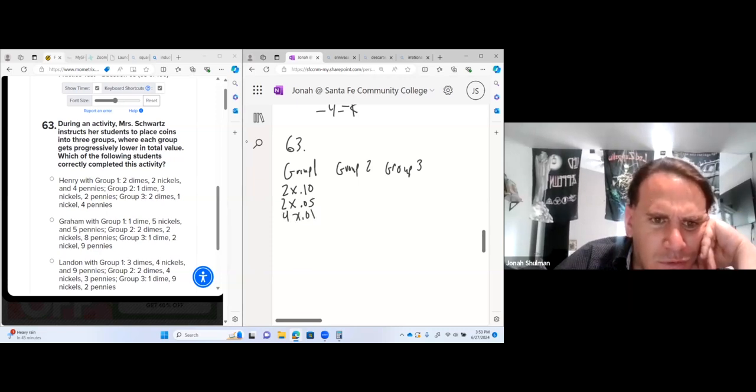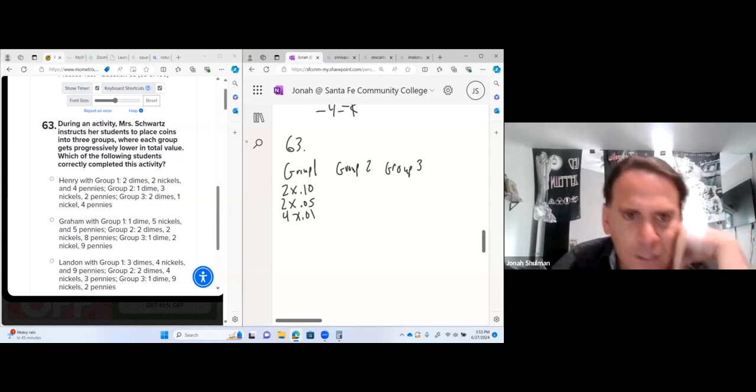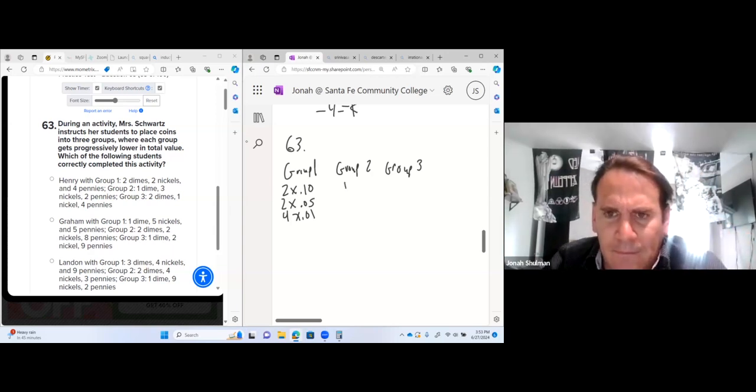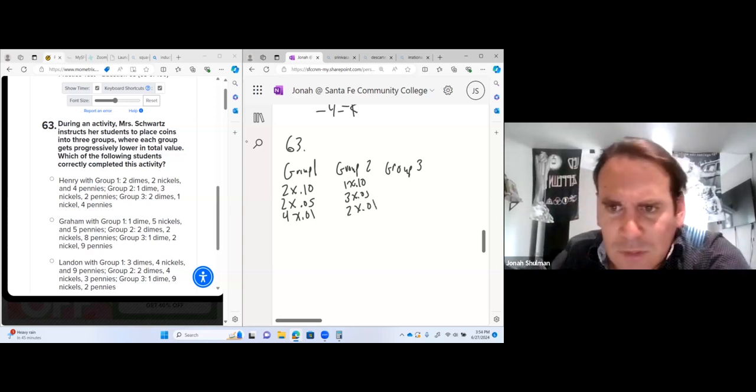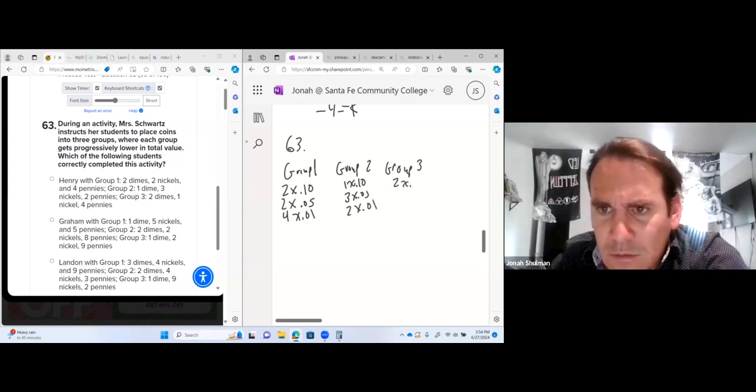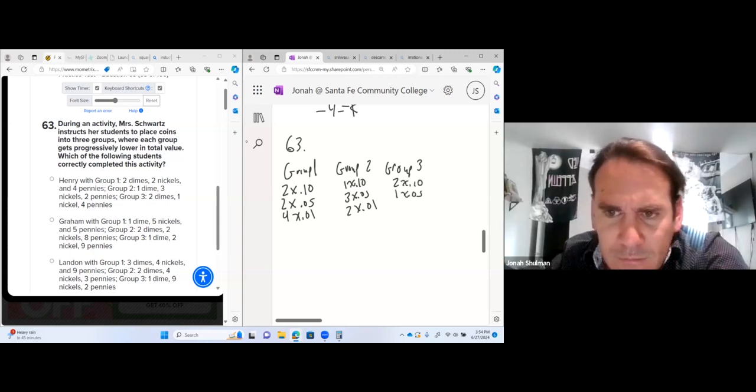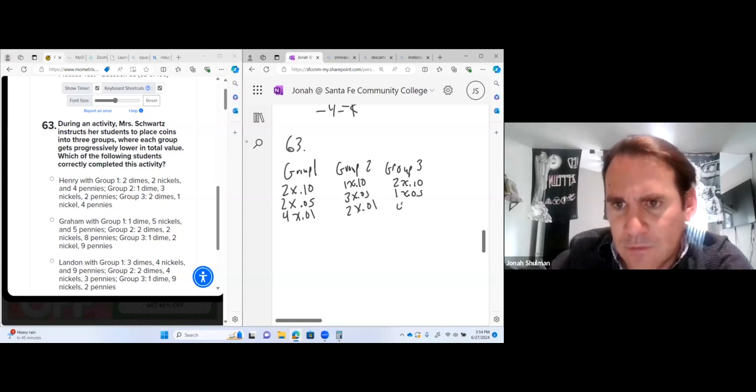Group 2 is 1 dime, 3 nickels, 2 pennies. And group 3 is 2 dimes, 1 nickel, and 4 pennies.